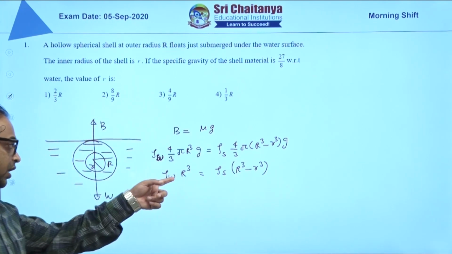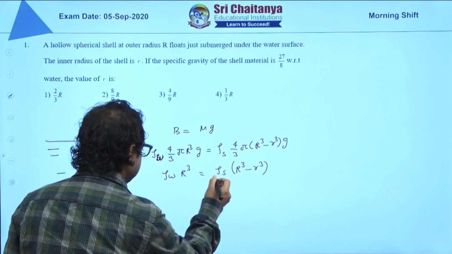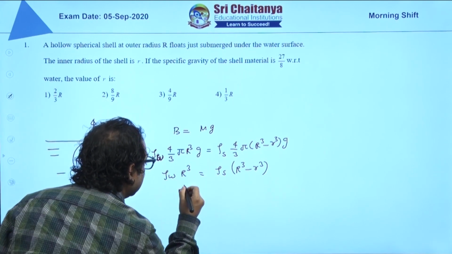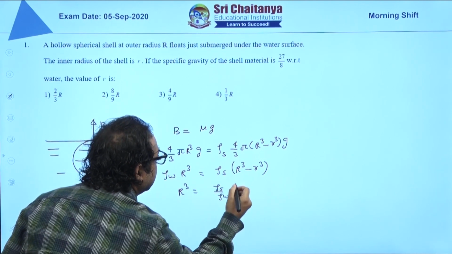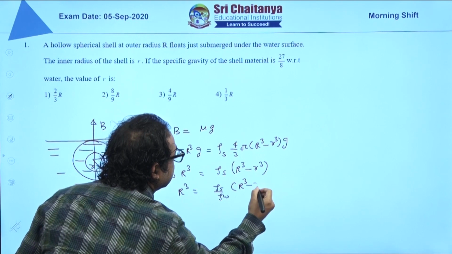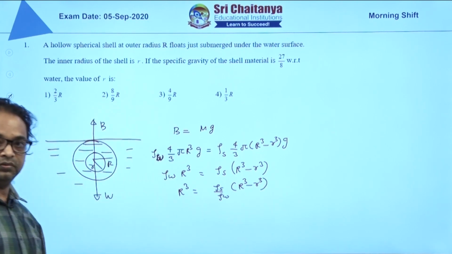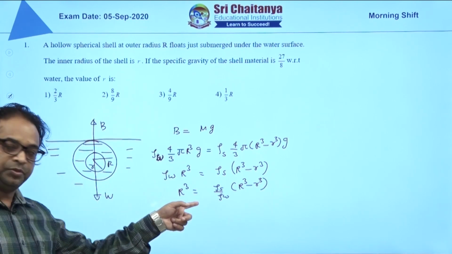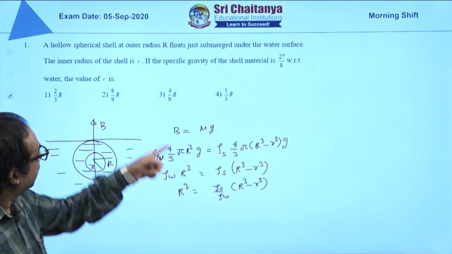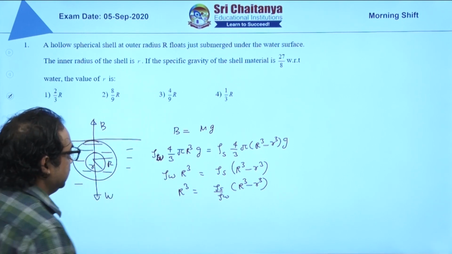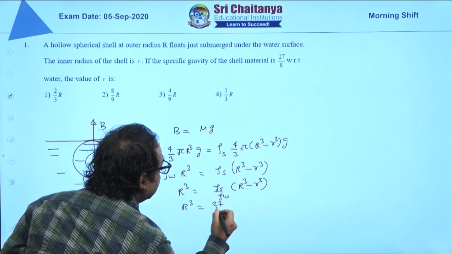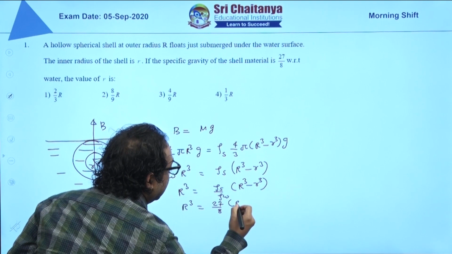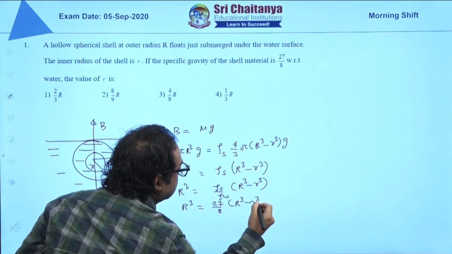So, the only variable is r. First let us divide it. So, R cube is rho of sphere by rho of water into R cube minus r cube. This is your specific gravity, whose value is given as 27/8. So, R cube is equal to 27/8 into R cube minus r cube.